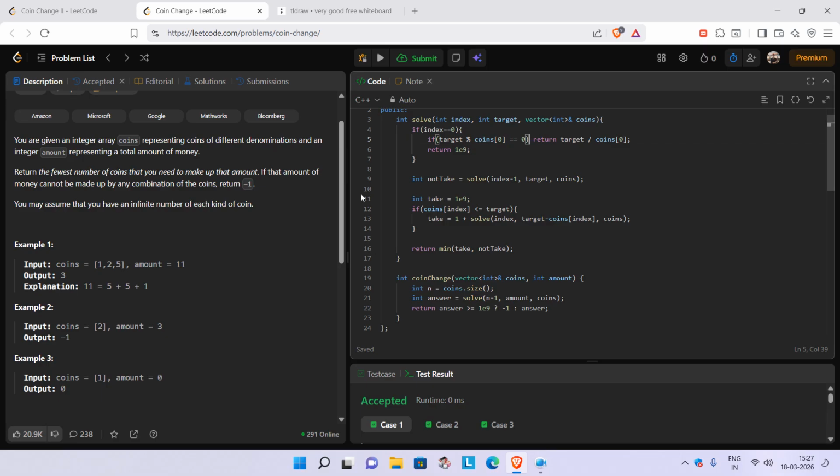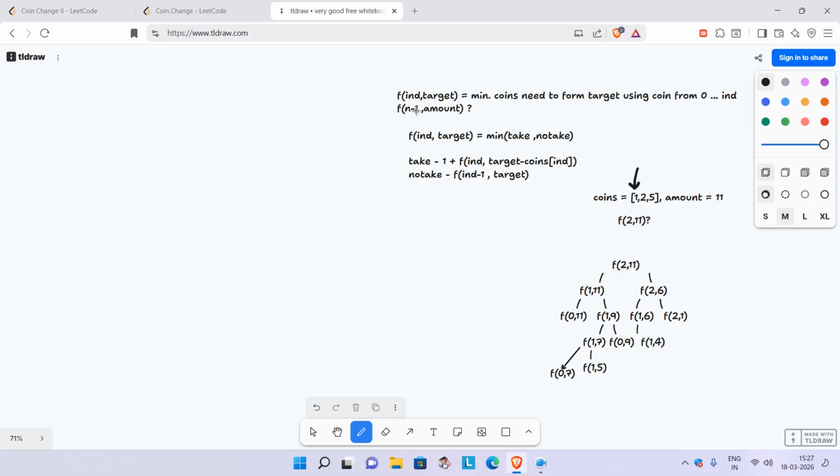I'm talking using this test case again. This is the array given here: 1, 2, 2, and 5.